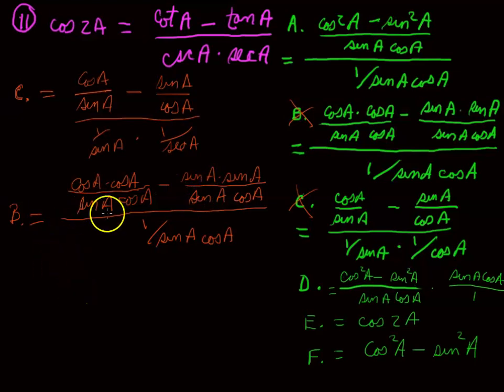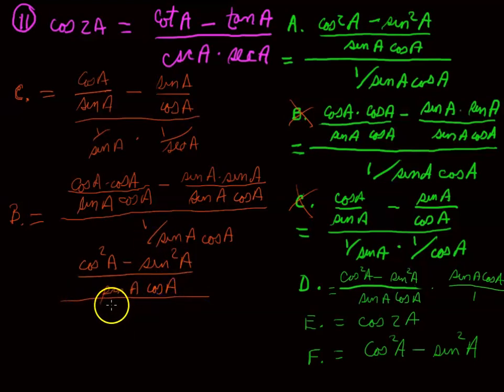Let's see, we've got cosine squared minus the sine squared over that common denominator of sine A, cosine A. And that's over 1 over sine A, cosine A. And you have to take these small itty-bitty steps. Is there one like that over here? Looks like letter A.